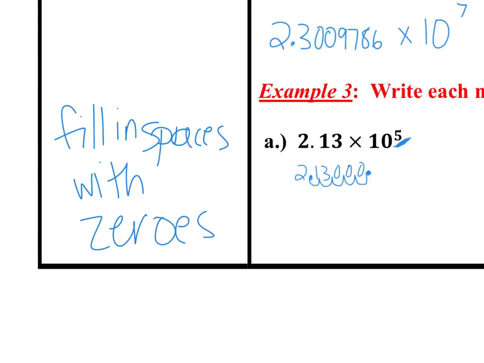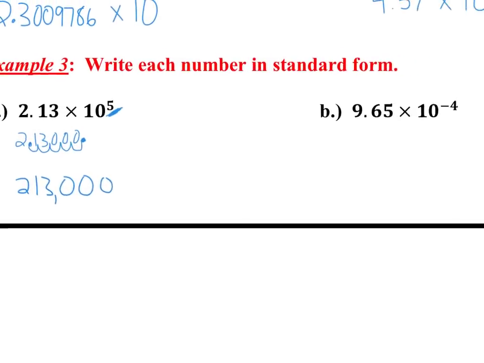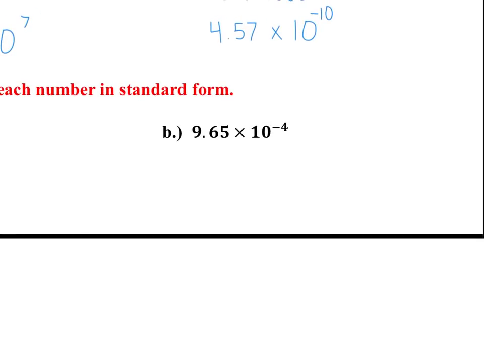So my answer for letter A here would be 213,000. Okay, let's look at letter B. Letter B, I have 9.65, and I'm supposed to move this decimal place 4 times to make the number smaller, so to the left. 1, 2, 3, 4.